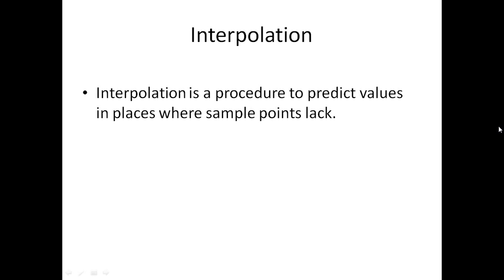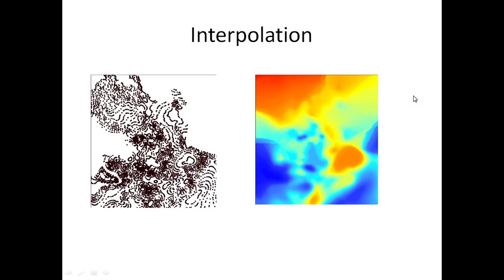If we go to the formal definition, interpolation is a mathematical procedure to predict values in places where sample points are lacking. I'm going to make you understand this definition using a figure. For example, this is point data, this is a point data surface.